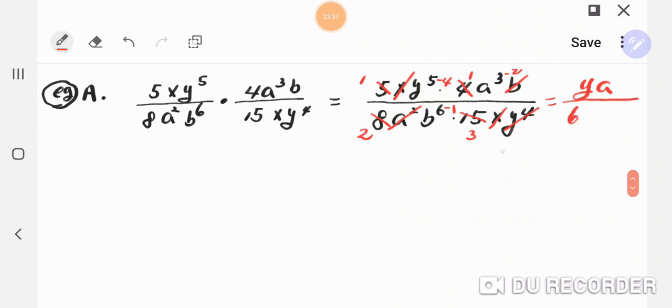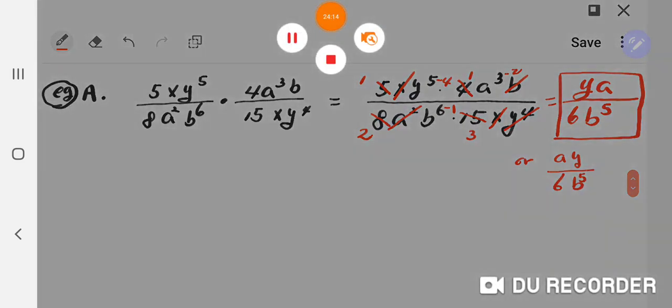And b to the 6 minus 1 is 5, so b to the 5th power. There is no x term left over, and the y term is left over. So the simplified form is y a over 6 b to the 5th power. You can switch a and y, you can write a first. So ay over 6 b to the 5th power.